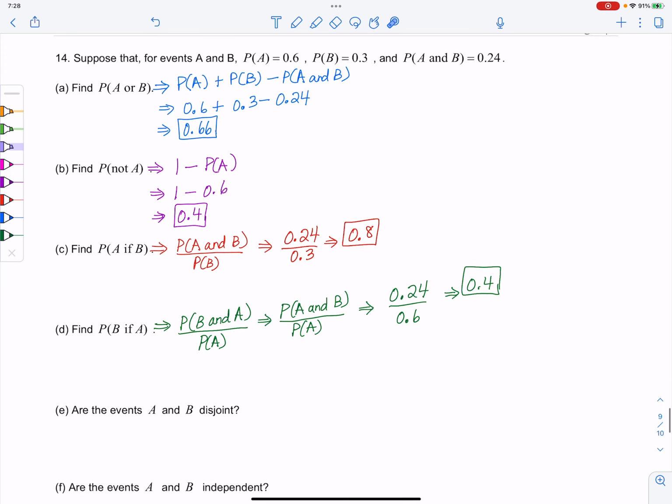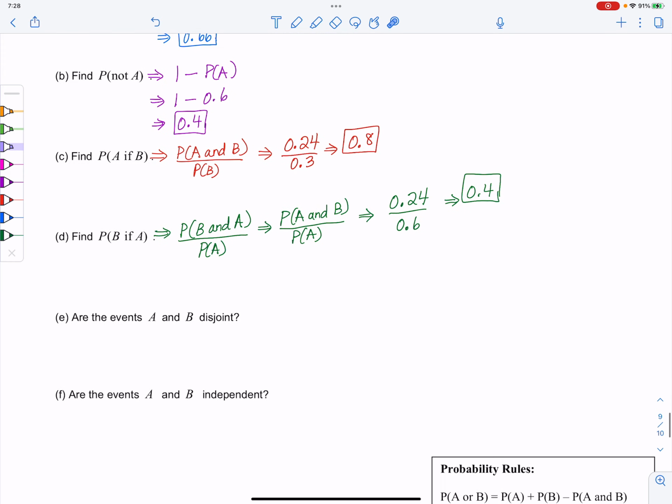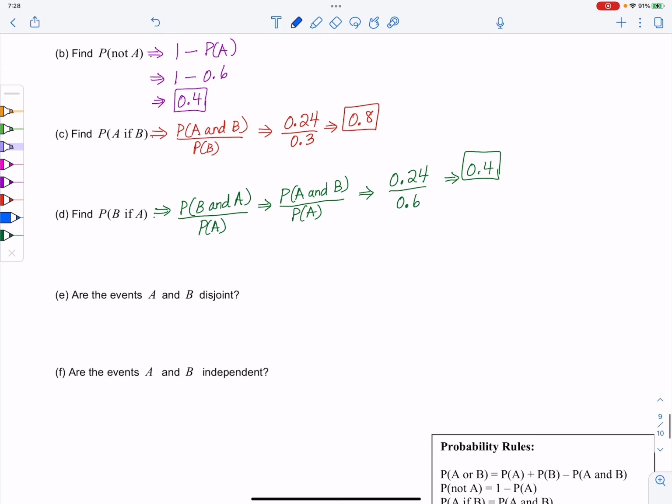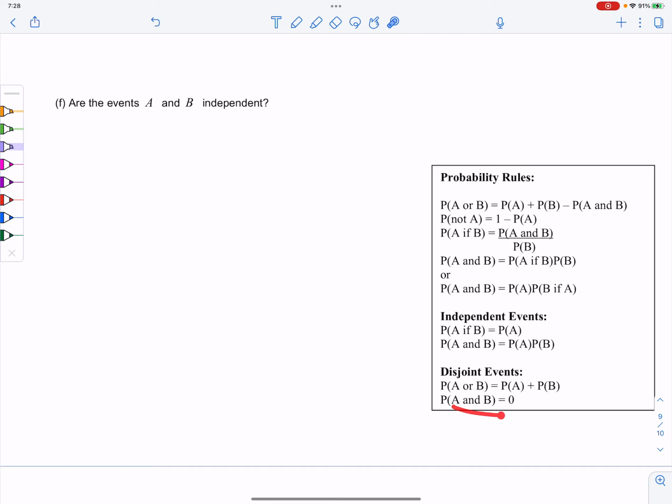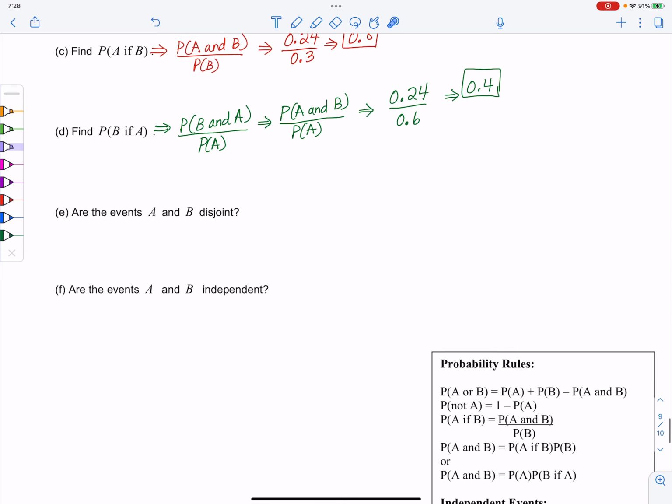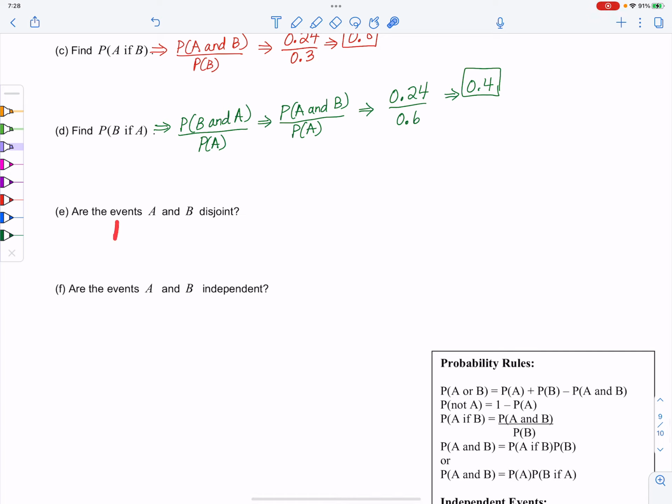Now here's another very common question we may ask. We may say, are the events A and B disjoint? Well, look at our formulas here. In order to be disjoint, these two formulas have to be true. So if you can show that they're not, or one of them isn't, then you know they're not disjoint. Let's look at that second one.